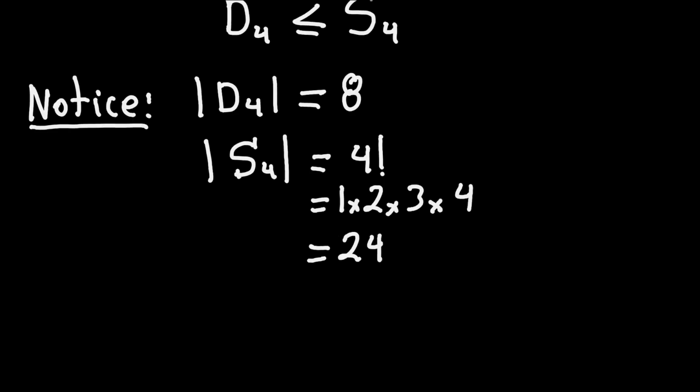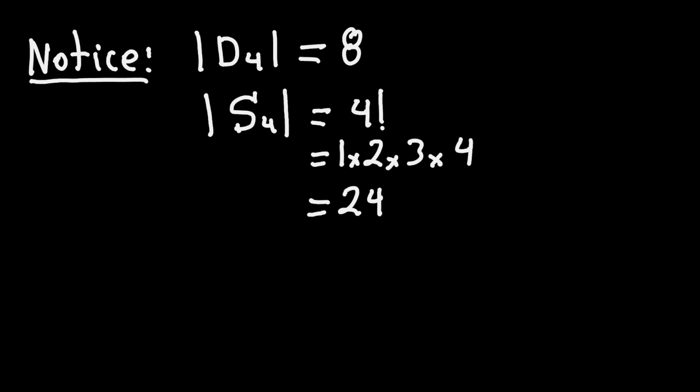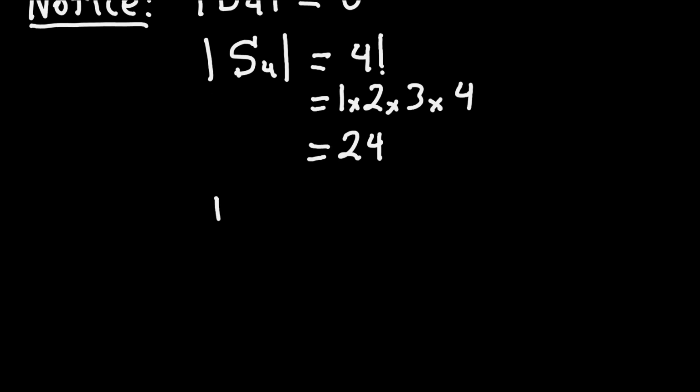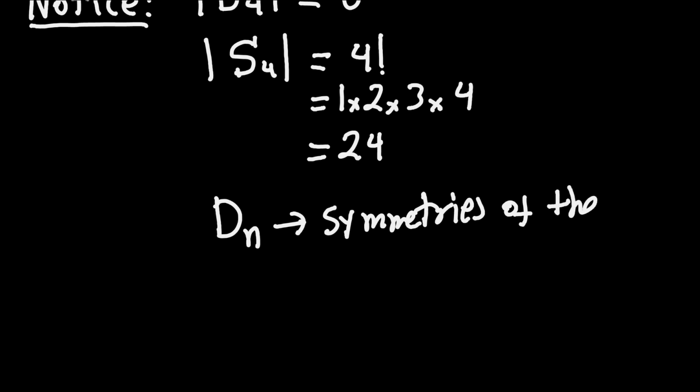Now that's going to happen in general. In general, if you think about the permutations, the symmetries of the n-gon, which is Dn, so this is symmetries of the regular n-gon, and then you label again the same thing, 1, 2 through n.